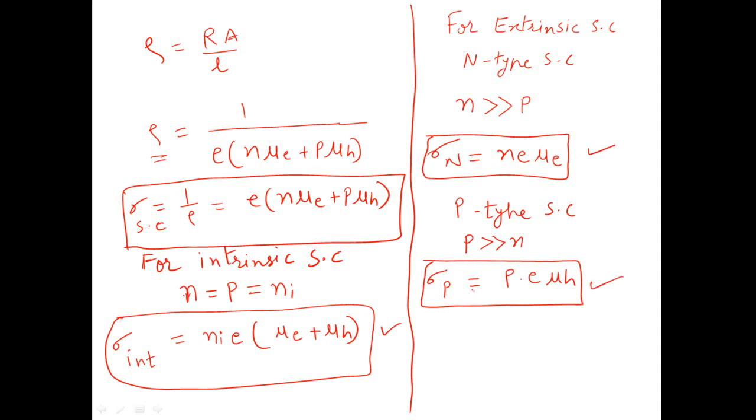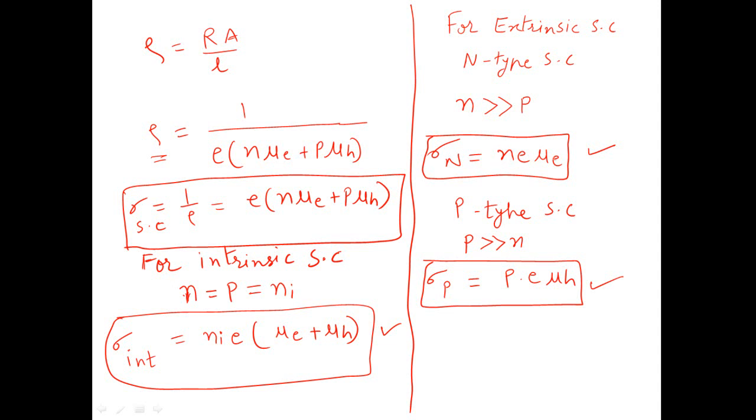Frequently questions are asked on calculating the conductivity, provided the electron density and the mobility, or you may be provided with the conductivity or resistivity and the mobility of electrons, and you are asked to calculate the number of charge carriers, that is the number of electrons.